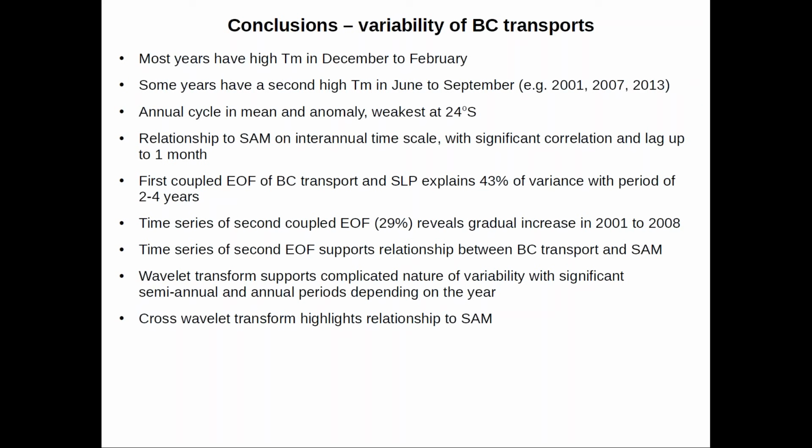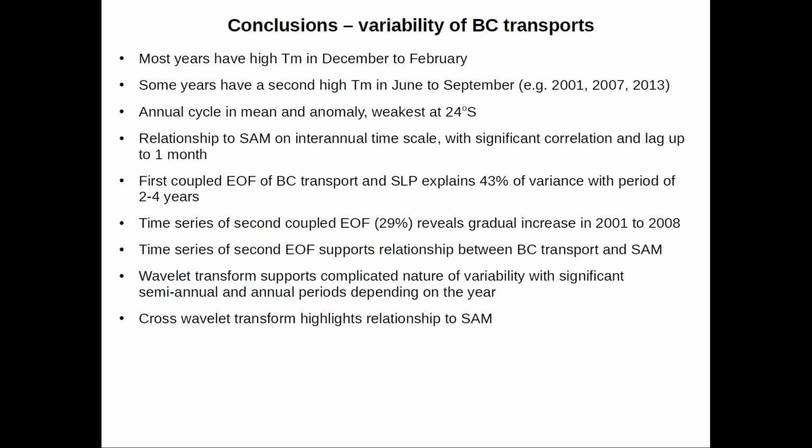On the average we have an annual cycle, but at 24 south it's only prominent if I do an annual cycle of the anomaly, and it's relatively weak if I just take monthly means to get the annual cycle. We found some relationship to SAM on interannual timescales with significant correlations and a lag between 0 and 1 month.